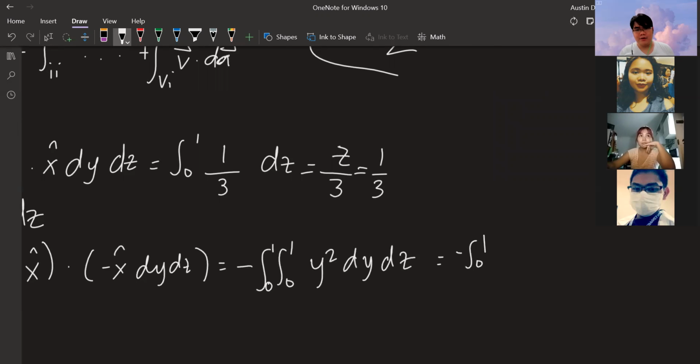Okay, negative, 0 to 1, y cubed over 3 evaluated from 0 to 1. Then, ang matitira na lang is dz. And this is just 1/3, di ba? And kapag in-integrate mo ulit with respect to dz, 1/3 z evaluated from 0 to 1, ang lalabas lang din is negative 1/3. Okay, klaro?